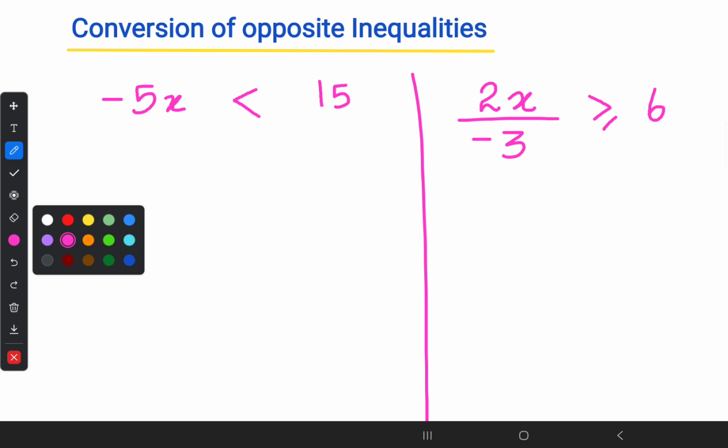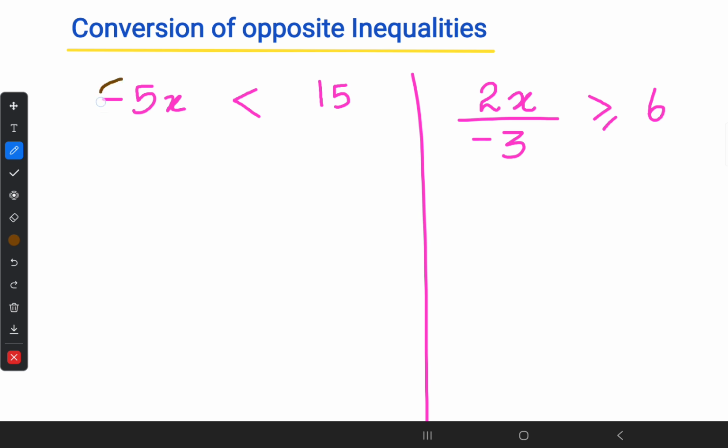So in this case, look at the first question. Here, it looks like a usual inequality, but there is a hidden fact. We have a negative multiplicand here: negative 5 multiplied with x. So you are going to bring this negative 5 as a dividend, so 15 should be divided by negative 5.